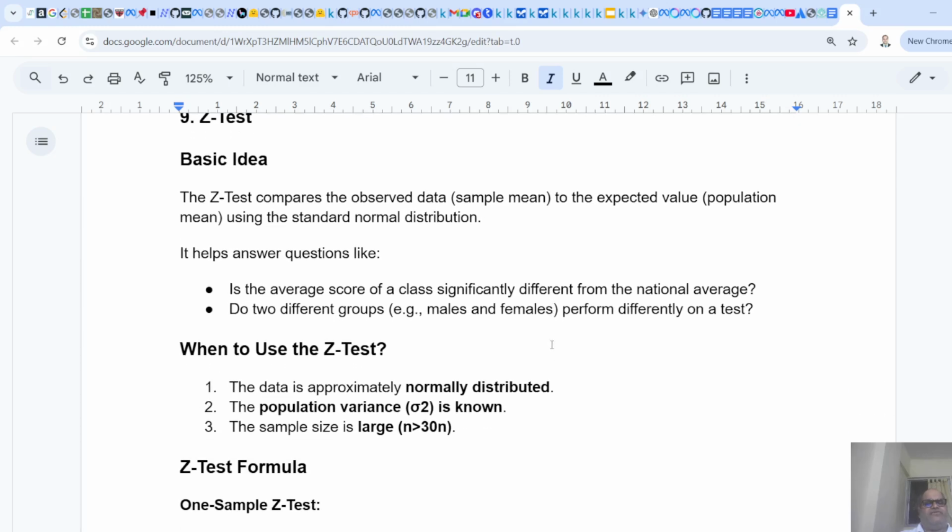Okay, so now let us move to the Z test. There are several key concepts that you might not have heard. Z score you might have computed in many of your math or basic stat related courses.